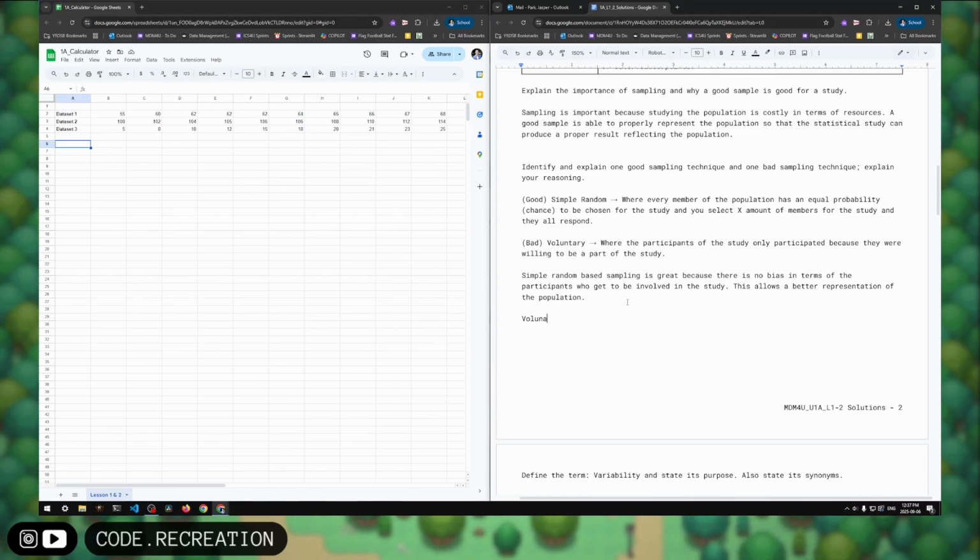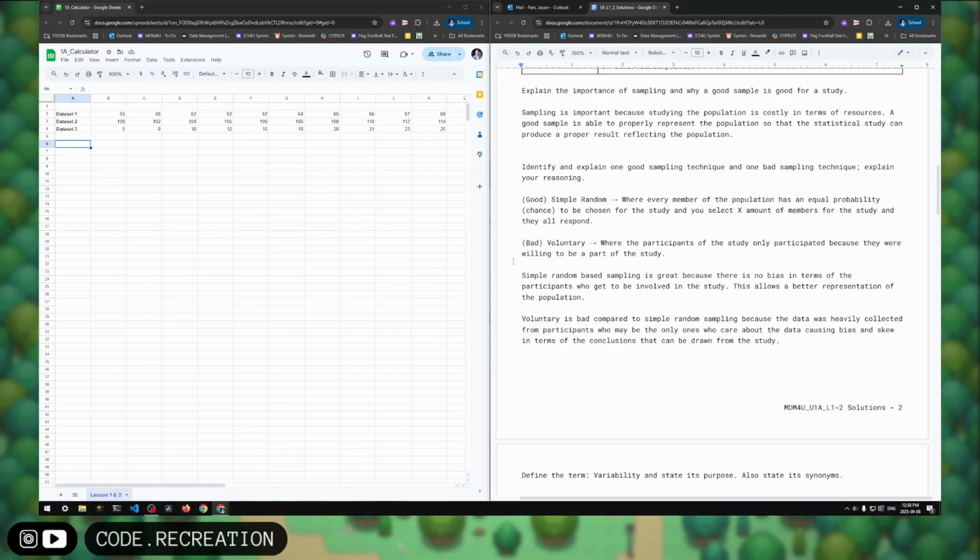Voluntary is bad compared to simple random sampling because the data was heavily collected from participants who may be the only ones who care about the topic, causing bias and skew in terms of the conclusions that can be drawn from the study.